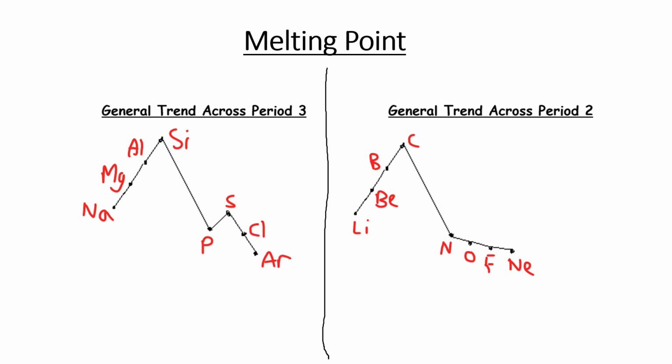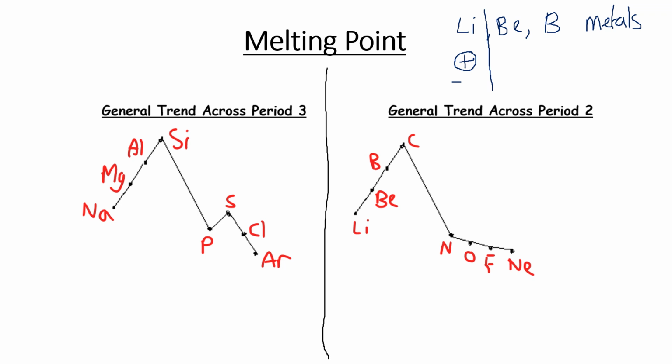You'd start off by saying that lithium, beryllium, and boron all have metallic structures. They're metals. And the reason that the melting point increases as you go from lithium to beryllium to boron is because the strength of metallic bonding increases. So lithium forms little 1+ ions in its metallic structure, and for every 1+ ion there would be 1 electron.